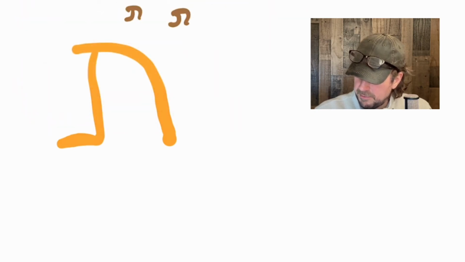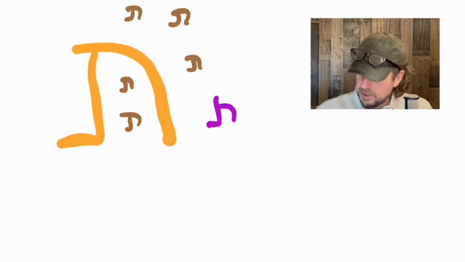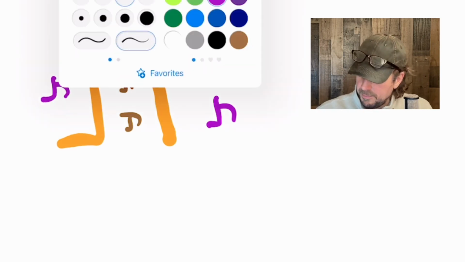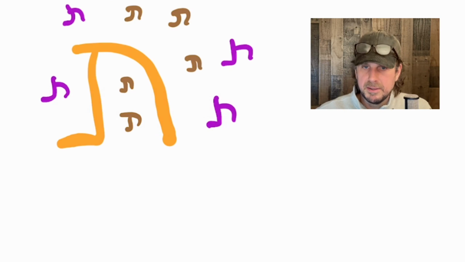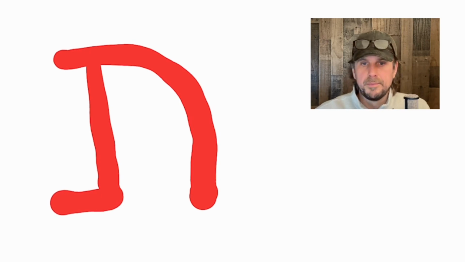Tav, tav, tav, tav inside a tav. And we'll do some Dead Sea Scroll tavs too, just to have that in our wheelhouse here. But we know that what we're looking for as we represent the Tiberian tradition is going to be this guy like that. There you go.